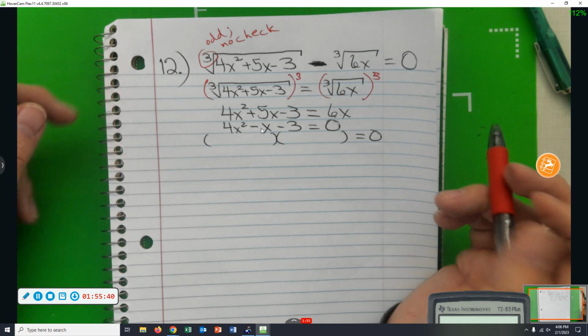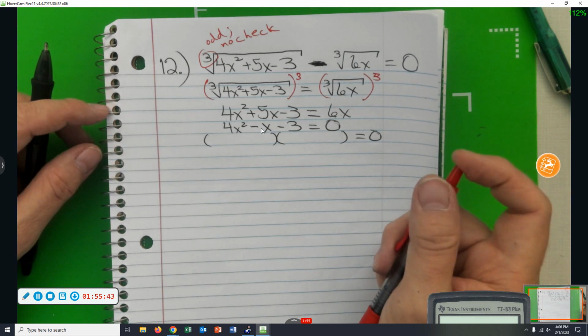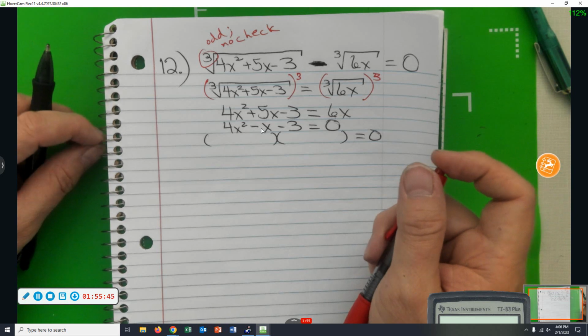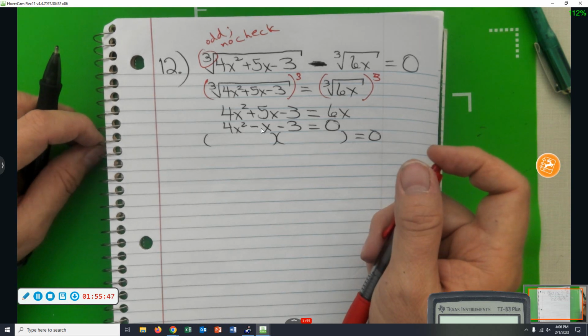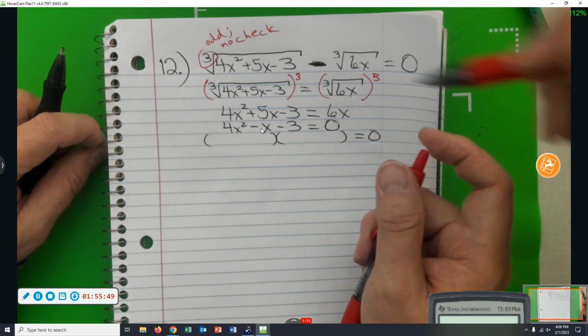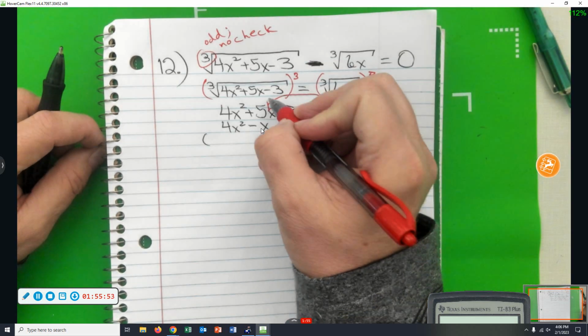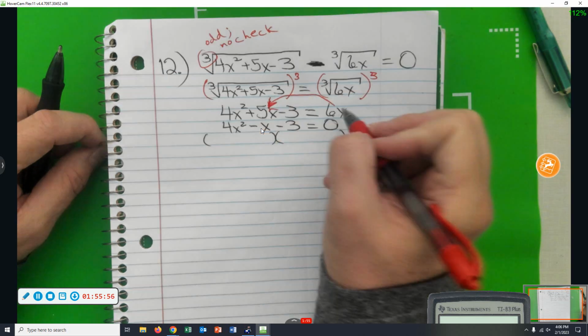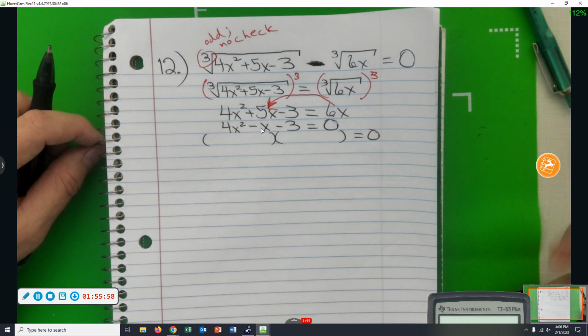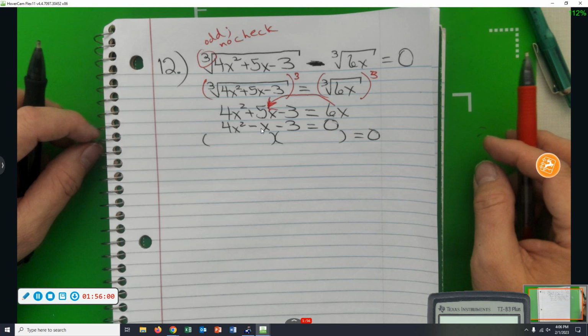It's quadratic, so we need a 0 on one side. I see, you just didn't write it. I didn't write it, you're right. Is that better if I draw the arrow? Oh, it's okay, I was just wondering where that number came from.